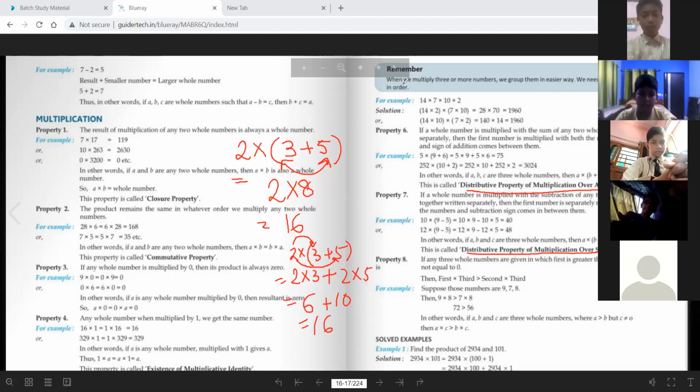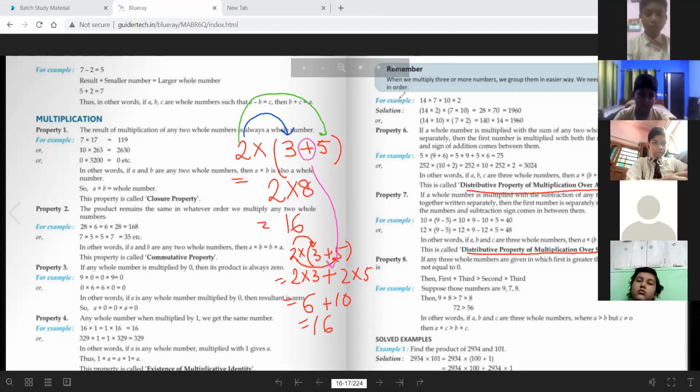That means while you are doing this kind of thing, both the answers are coming the same. Answers are coming the same means what? Here clearly you can see that 2 is multiplying first. After that I'm writing the plus. After that the plus is going to sit over here.